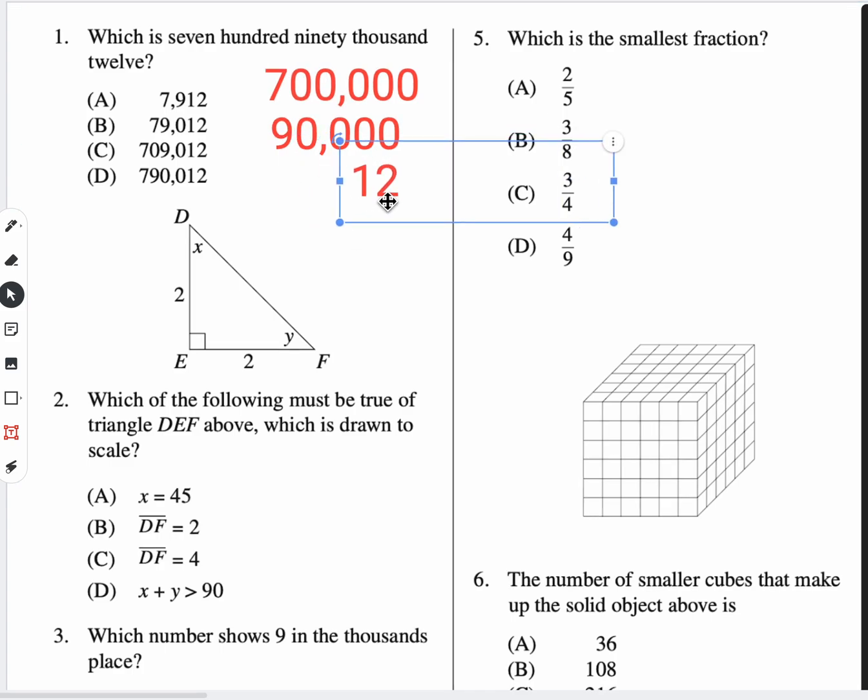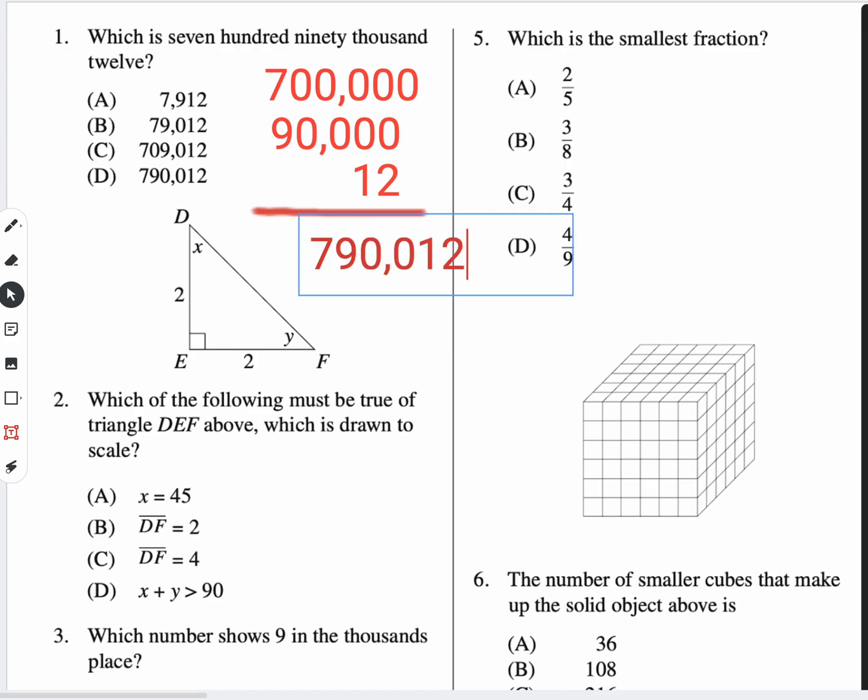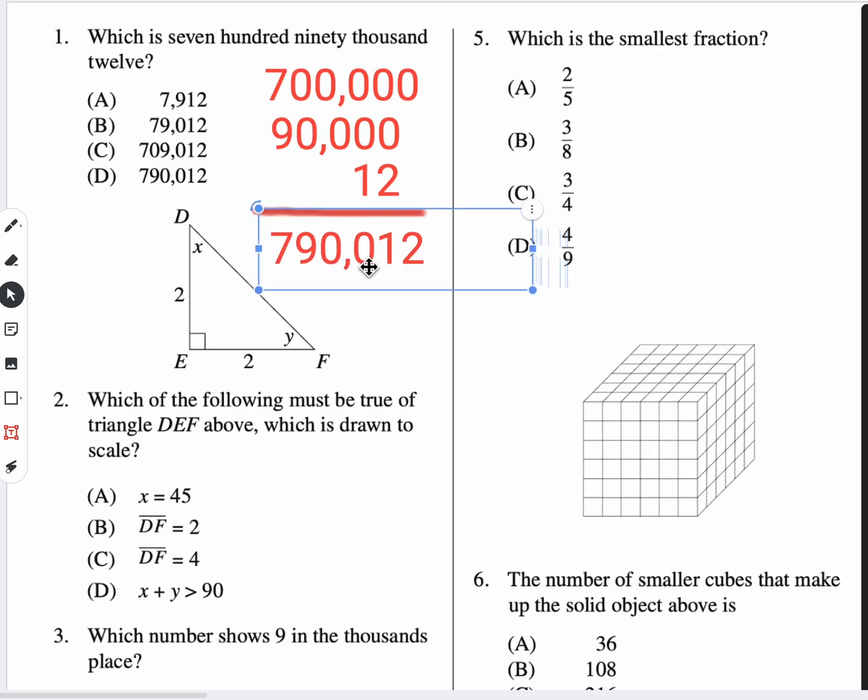Now let's add these together to get 790,012. Or answer choice D.